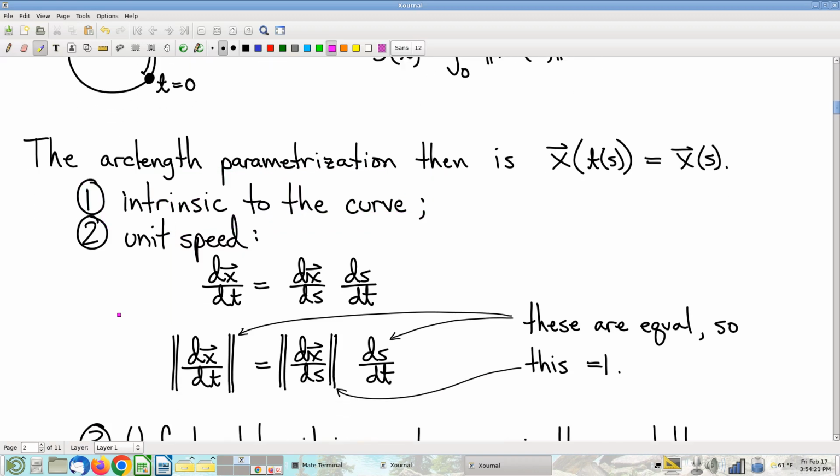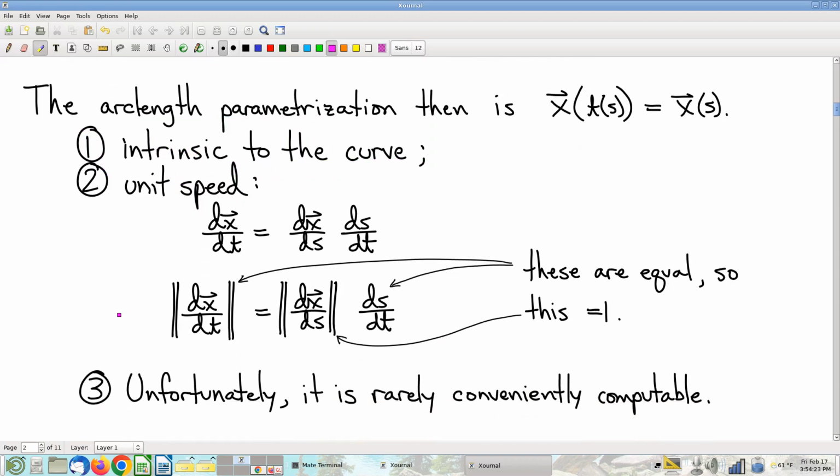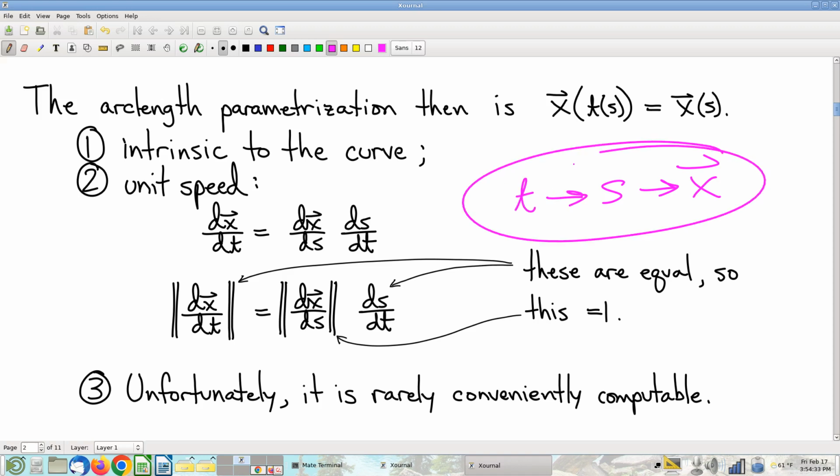It has unit speed, I claim. This is a nice observation to make. If you view position as a function of s, which is itself a function of t, write down the chain rule as it applies to this sequence of functions. Now take the magnitude of both sides, and ask what this thing is.